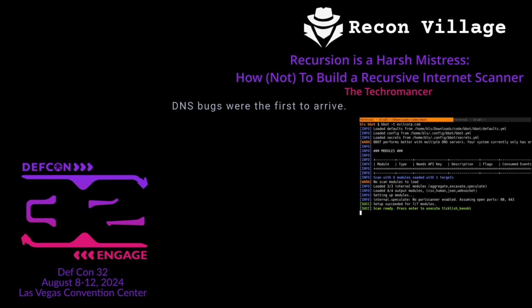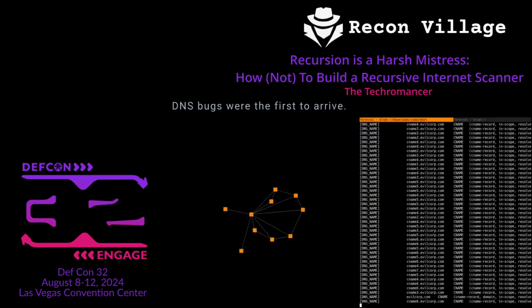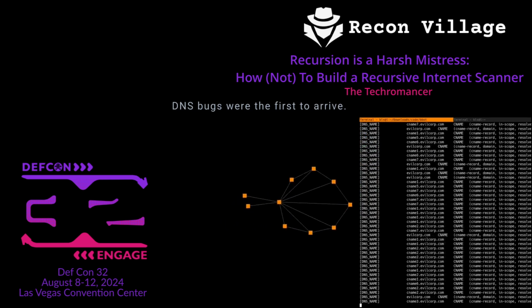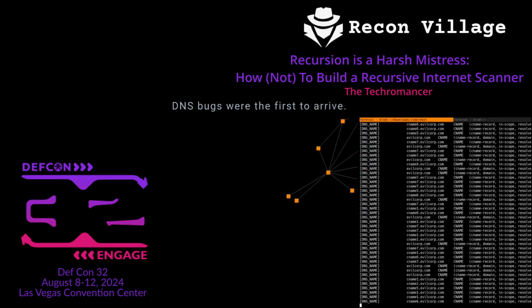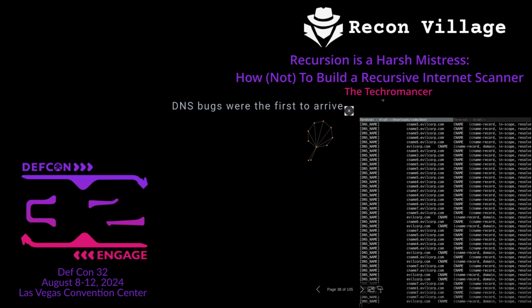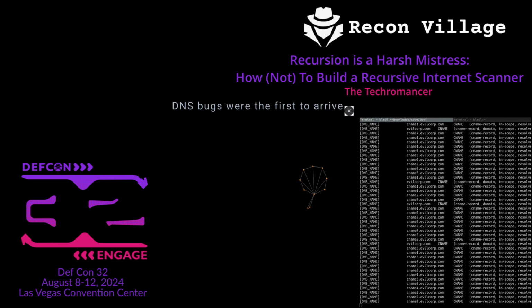Okay, so the DNS bugs were the first to arrive since DNS was the first thing I made. All right, so what is happening here? Kind of weird looking, definitely not looking at all like the last one. So something is clearly off here. If you're close enough and you can see the terminal, you might be able to guess what that is.